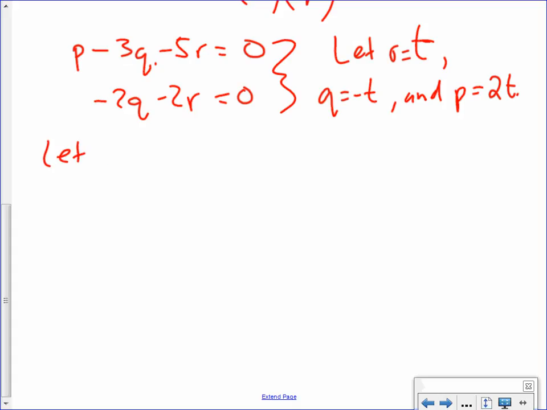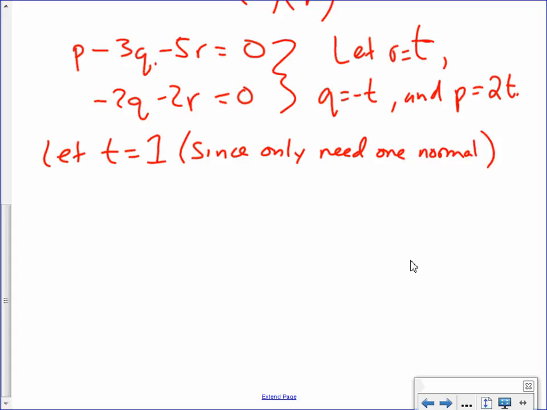If you let t equal 1, that would give you the normal (2, -1, 1). Would you have gotten that with IJK? We'll take a look at it in a little bit. If that works, use it.